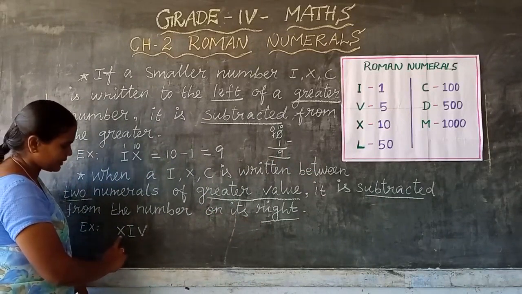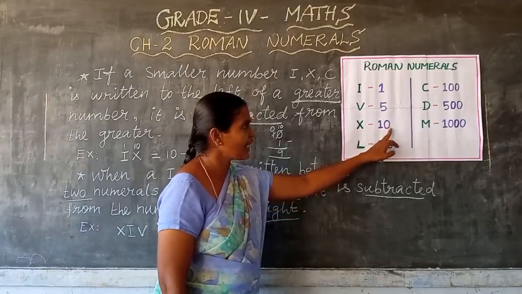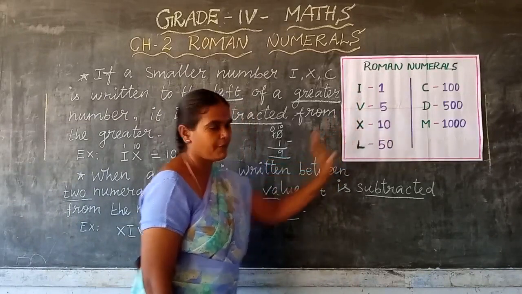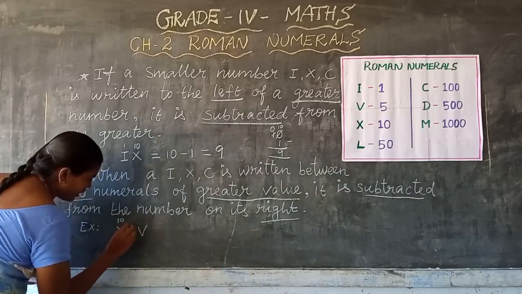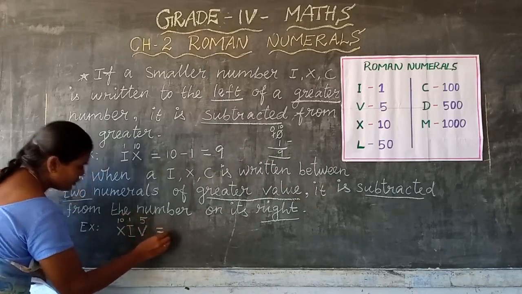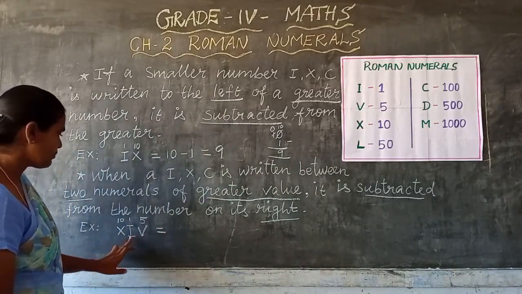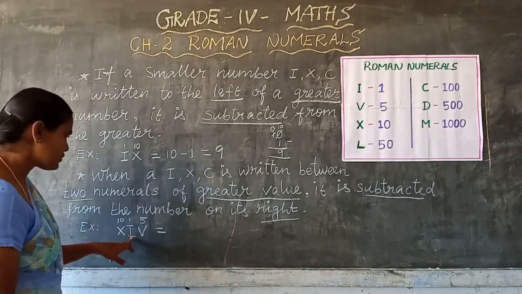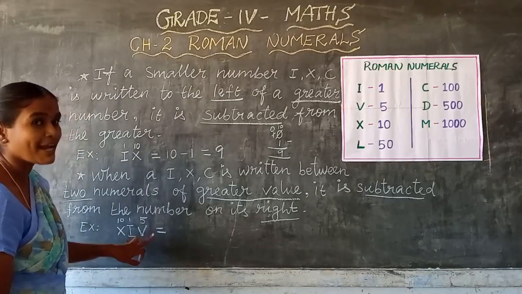What is the value of X I V? Value of X 10, value of I 1, value of V 5. See, between two greater numbers we have the small number. So you take the small number and subtract it from the number on its right side.